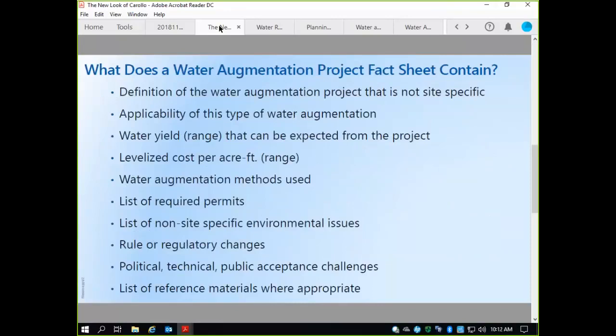Now, this list in a large measure reflects a number of the items on the Category 1, 2, and 3 evaluation criteria that we worked on in the first technical memorandum that we provided.